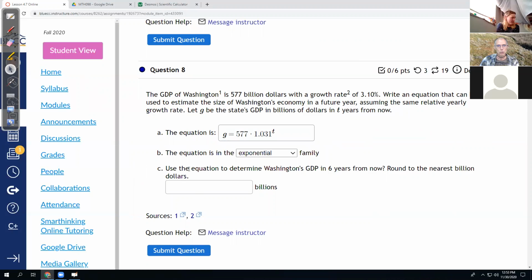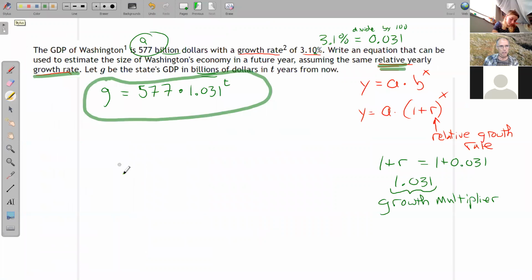Okay, use the equation to determine Washington's GDP 6 years from now. Cool, they gave me t. That means that's easy. I just plug in and see what happens. You don't have to solve anything. So for the last part, G equals 577 times 1.031, and mine was to the 6th power, and so I can just type that into my calculator as I see it.